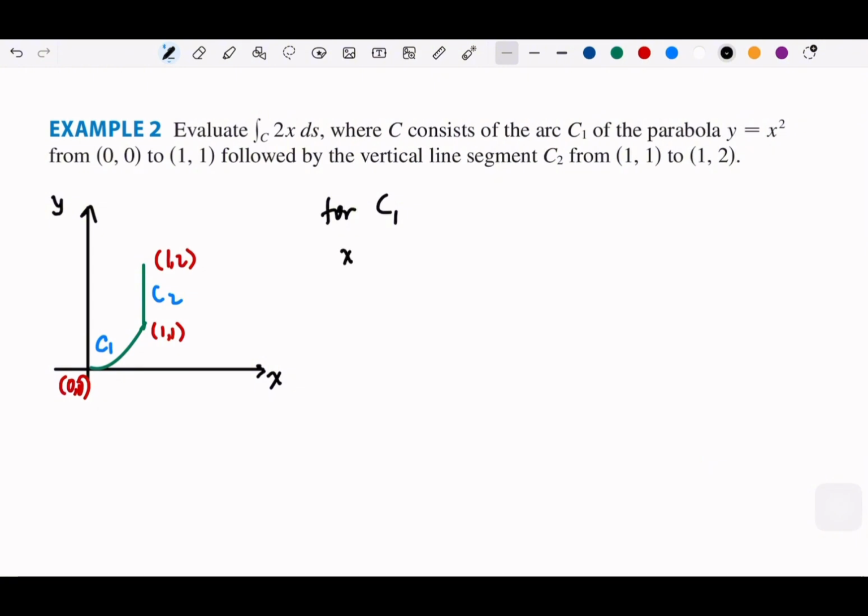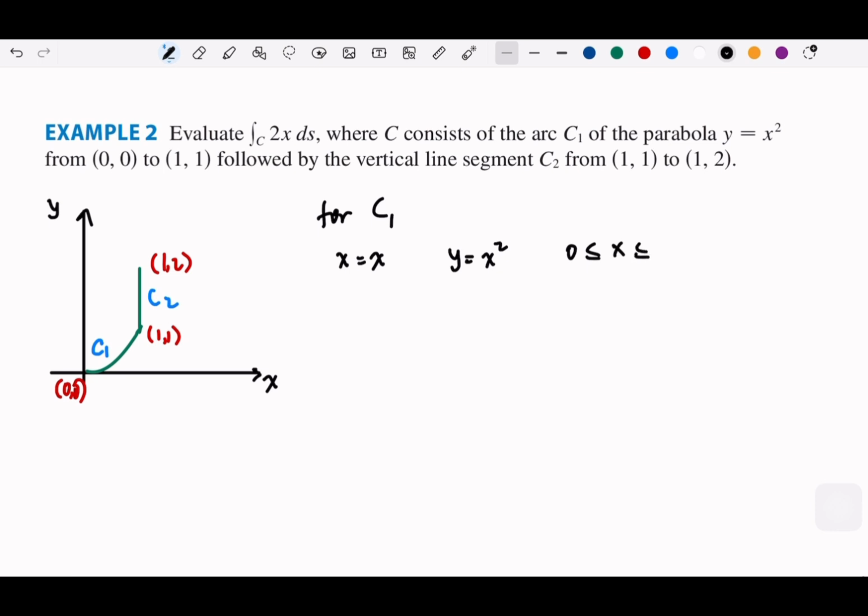So x is just x, and y is x squared. So I will focus on integrating with respect to x directly, starting from x is 0 to x is 1.